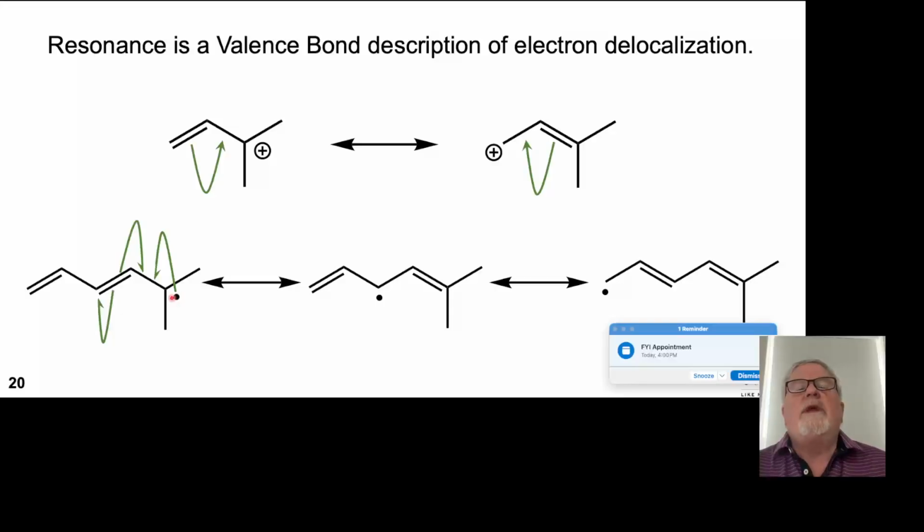But we could do experiments and we can find out that that electron resides here, here, and here all at the same time. It's delocalized over those three positions. And we can show the different resonance forms where we see that the electron can exist at each of those three carbon atoms.